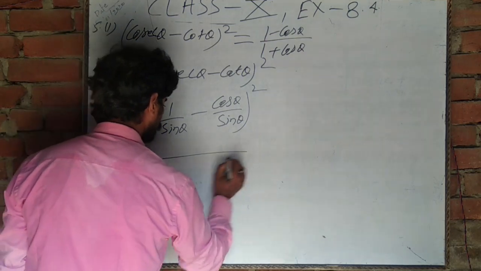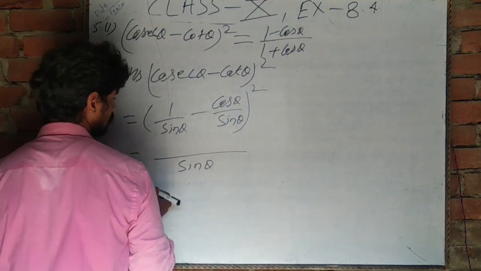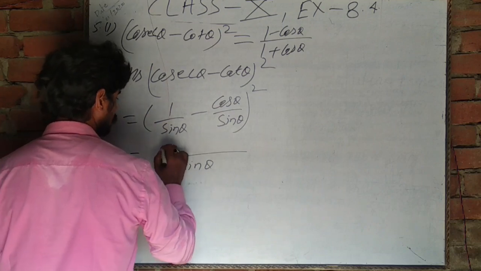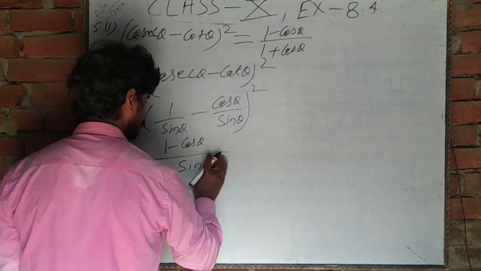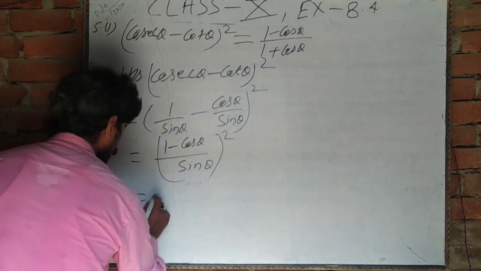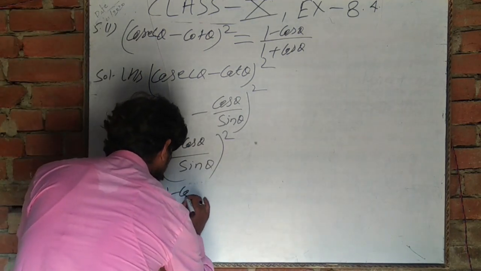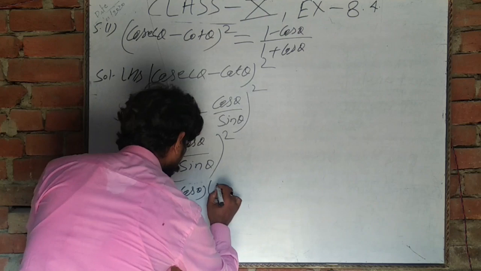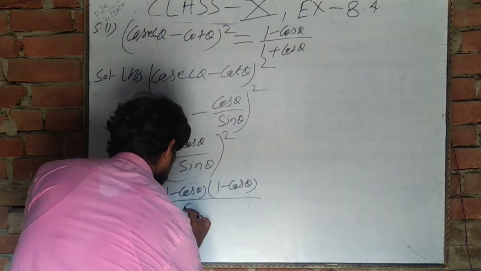Means we will take sin theta as common, that means LCM, so we will get 1 minus cos theta whole to the power 2 by sin square theta. Here a minus b to the power 2, that means 1 minus cos theta into 1 minus cos theta by sin square theta.